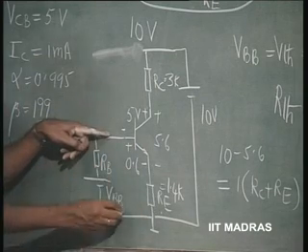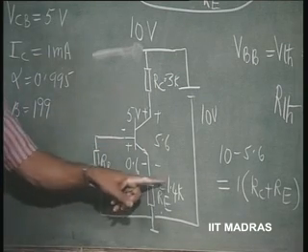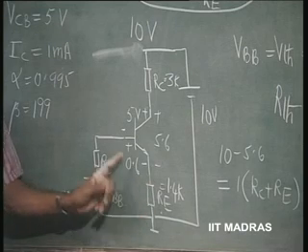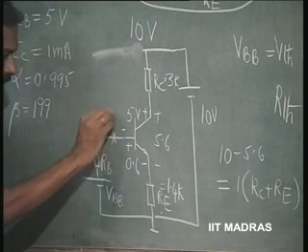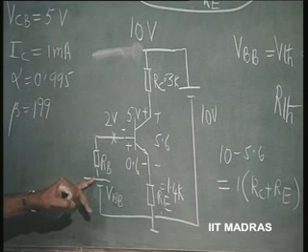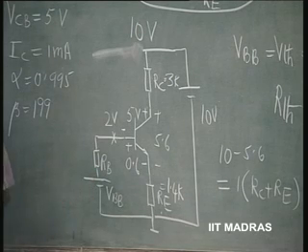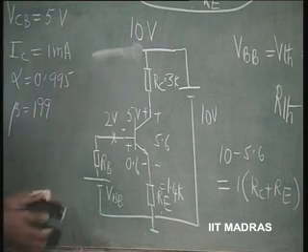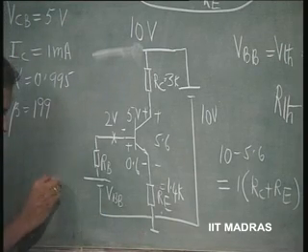So, this voltage is going to be 2 volts, 1.4 volts across this and 0.6. So, this is at a potential of 2 volts. If I ignore the drop in RB, then VBB shall be equal to 2 volts.